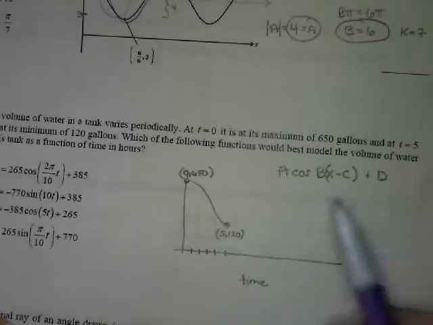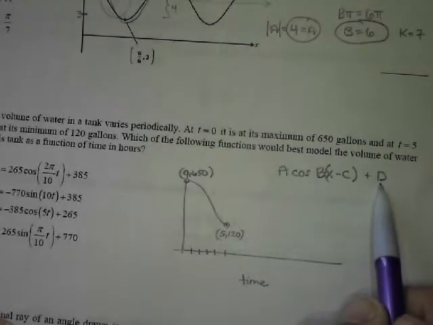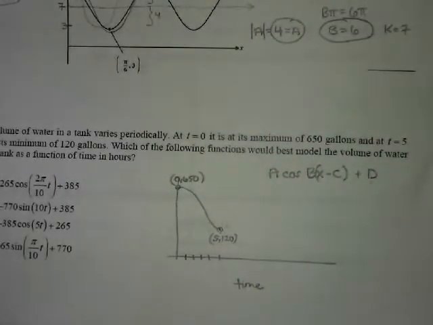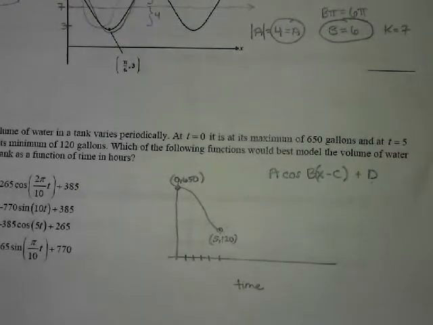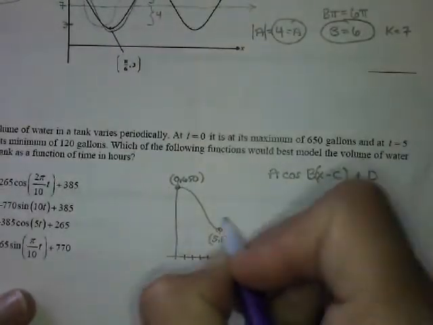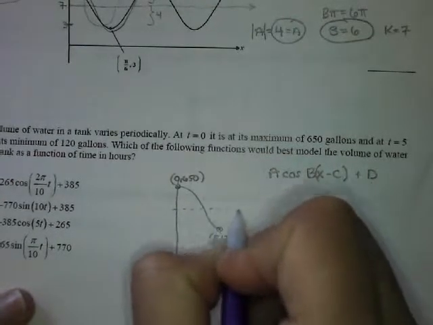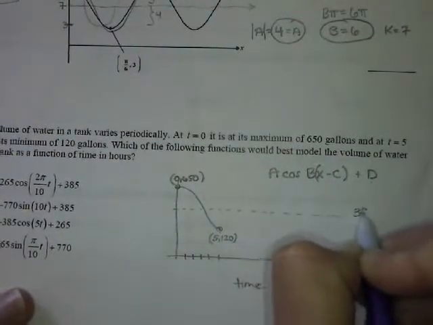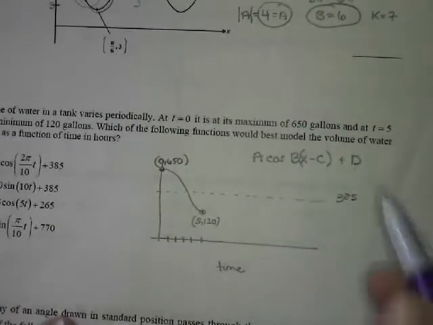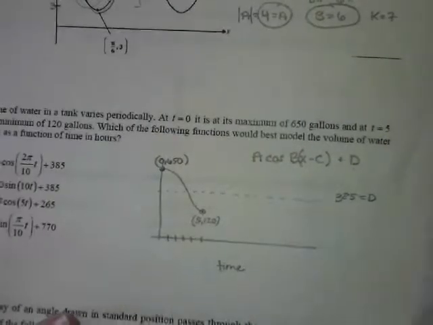So if we find the midline, we're technically finding D. It's got to be halfway between 650 and 120, so I'm just going to average those together. 650 plus 120 divided by 2 gives me 385. So I'll just put that in there, 385. So D equals that.